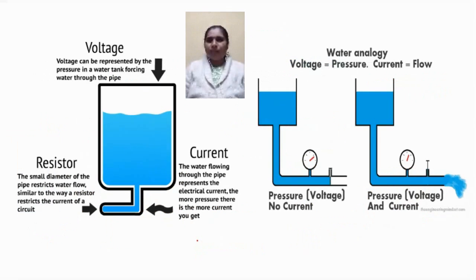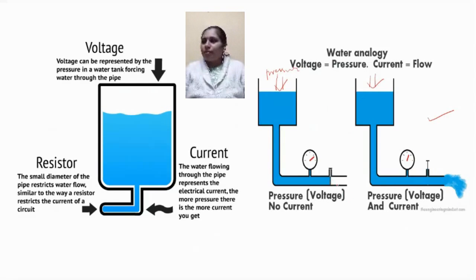Before that, I have placed a picture here where we are recollecting voltage, current and resistor with a tank of water. In the tank on the right side of the figure, if you observe, the water level of both the tanks is the same, and the air pressure in the tank is also the same.